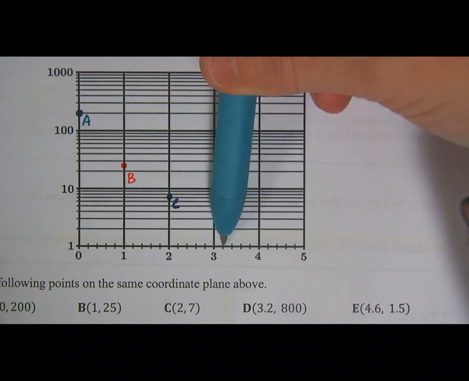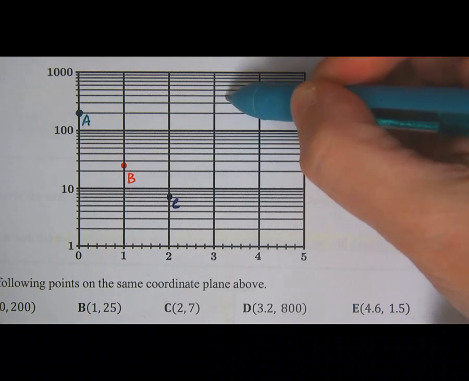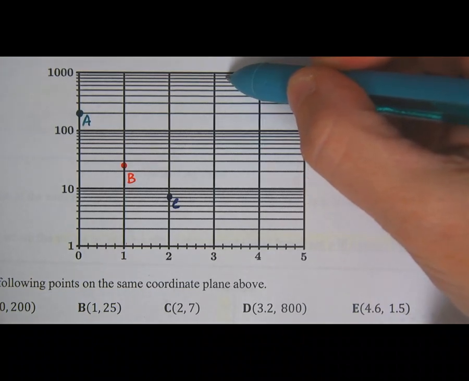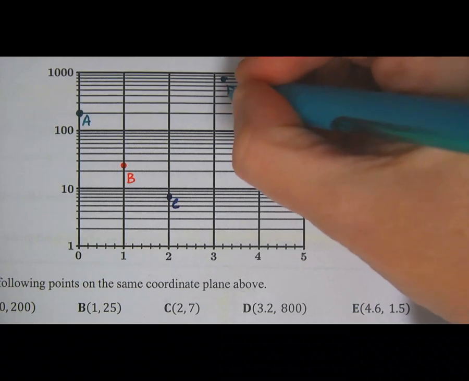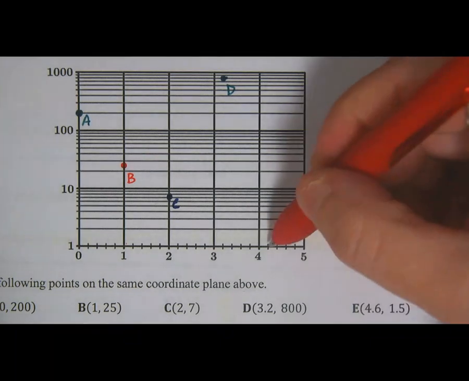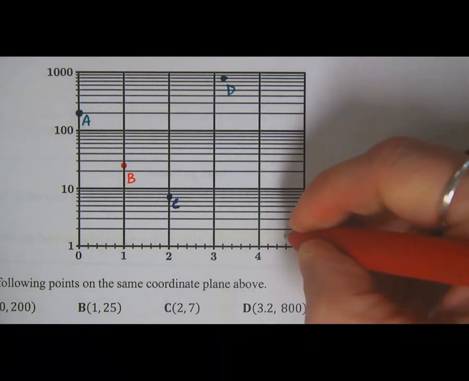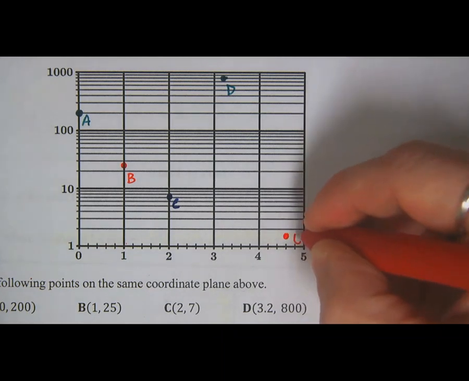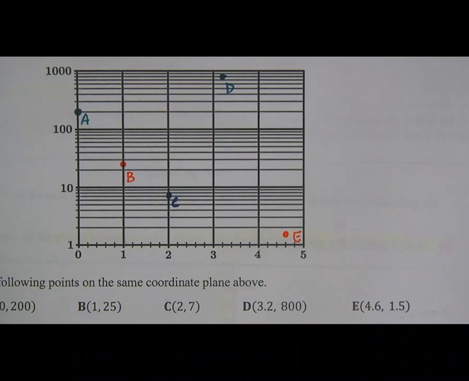So 3.2, and then 800 is way up here in the hundreds. Right up there. And then E is 4.6, so 0.2, 0.4, 0.6, 1.5 is going to be right here, between the 1 and the 2 in that space. Pretty easy.